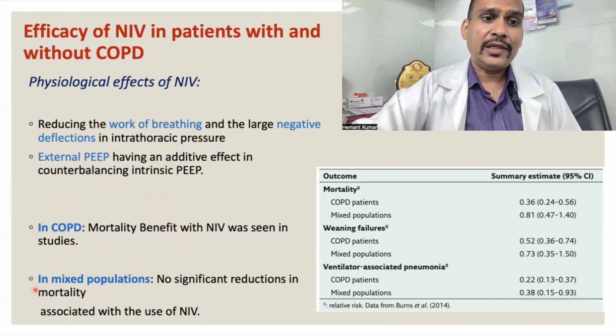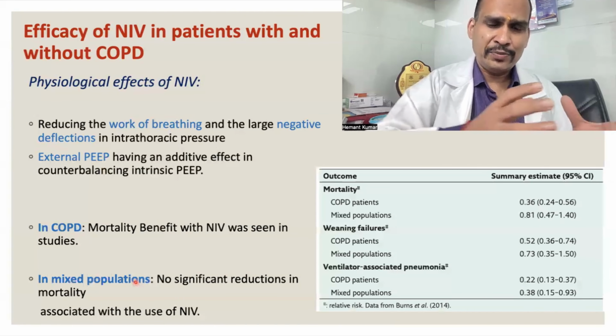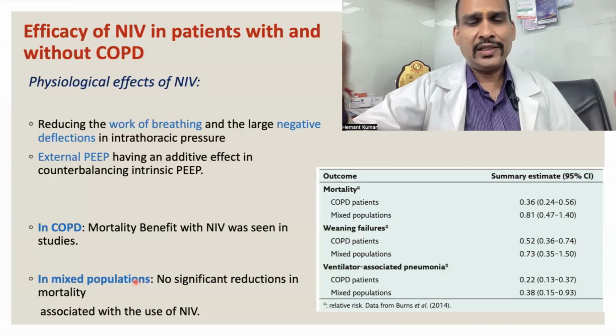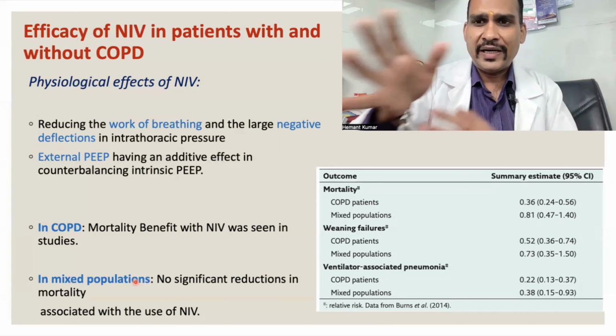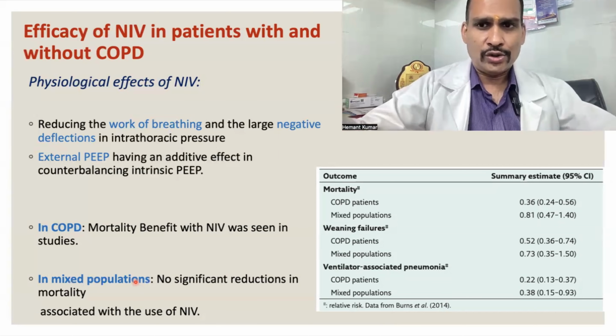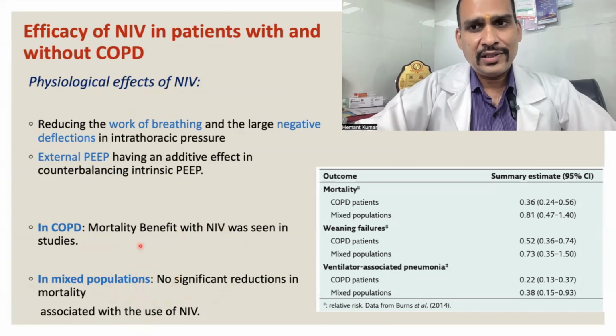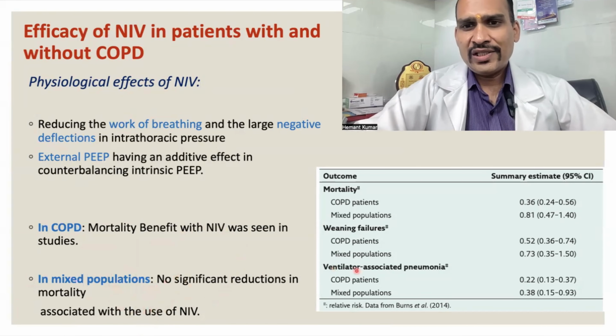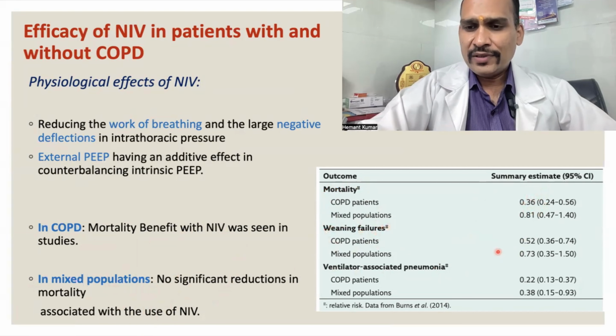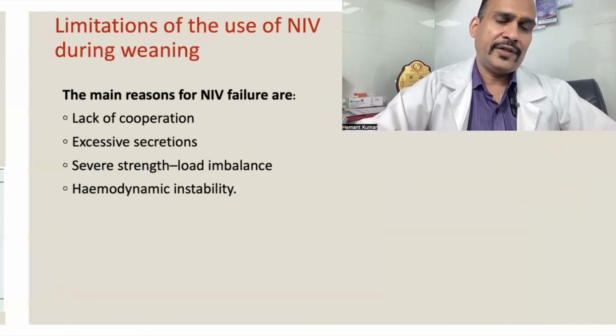But if you take a mixed population, meaning patients with COPD, neuromuscular disease, ARDS and any other cause, then there will be no significant reduction in mortality with use of NIV. So in this chart, you can see in case of COPD, mortality is reduced as compared to the mixed population. The chances of weaning failure are reduced, and the incidence of VAP is also reduced in case of COPD. But in the mixed population, there is no benefit.